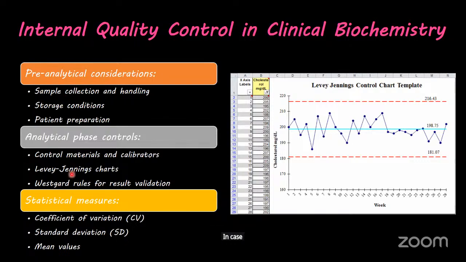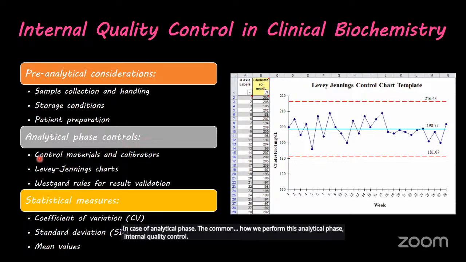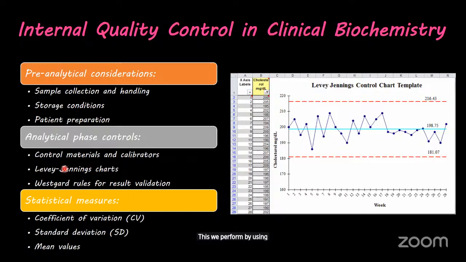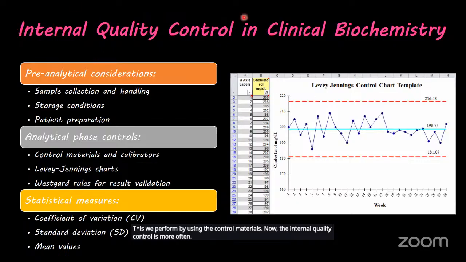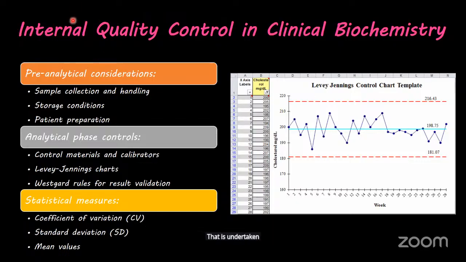In the analytical phase, we perform internal quality control by using control materials. Internal quality control is undertaken by either qualitative testing or quantitative testing.